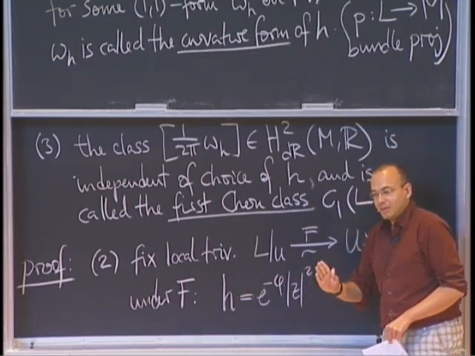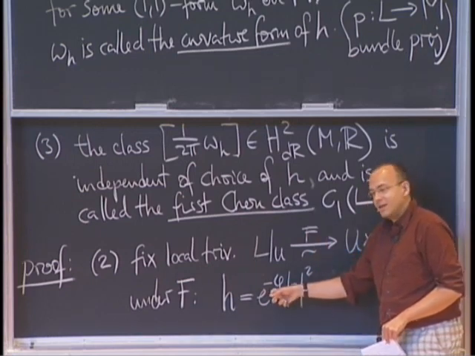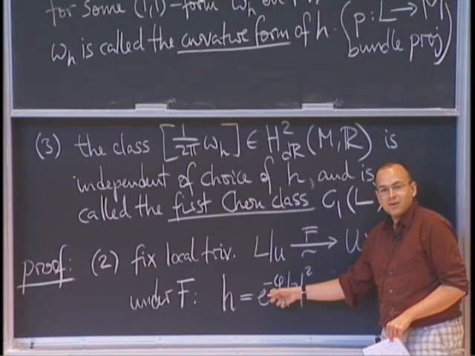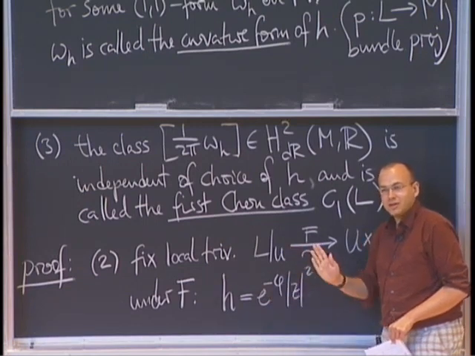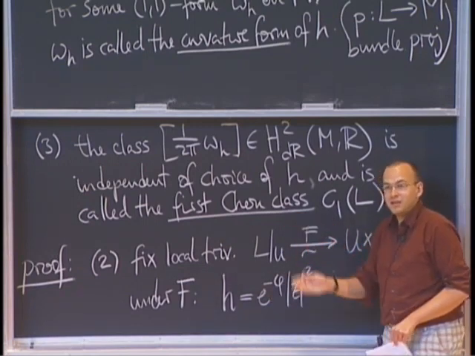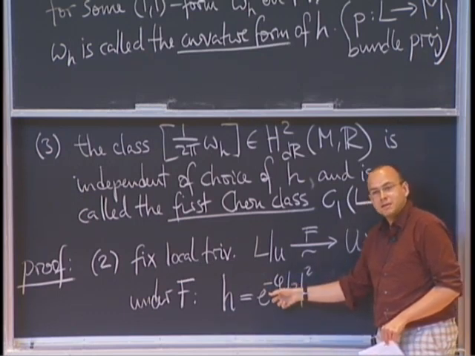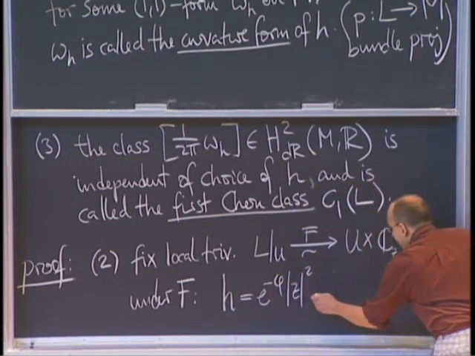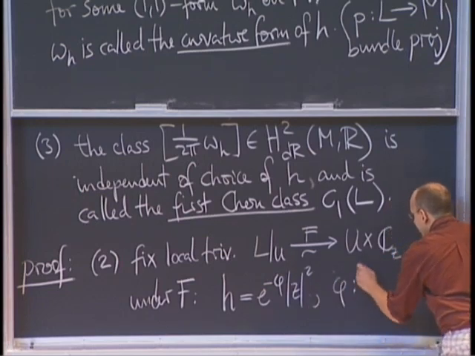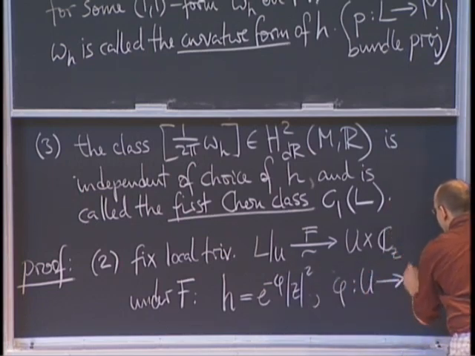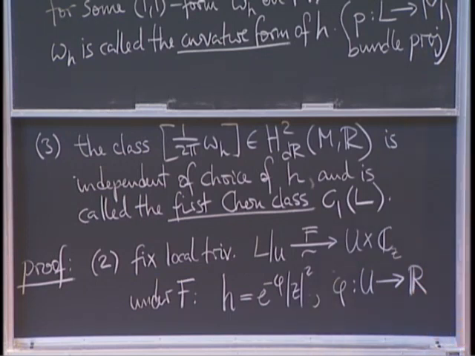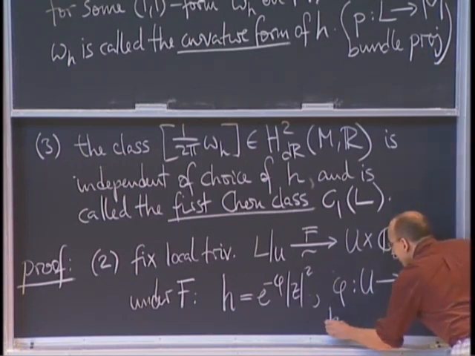And because lambda is a complex number, so there's r and theta, this means that this function phi is constant in the r and theta directions. So phi actually has to come from the base. That's the point, by homogeneity.